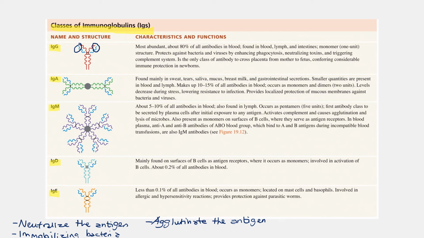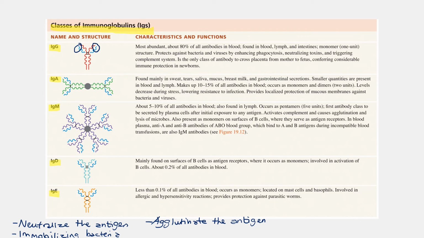Also, when antigens become agglutinated because they're bound to many antibodies, they also become phagocytized a lot more easily. So it's a really easy way to clean up antigens when they're bound to antibodies.